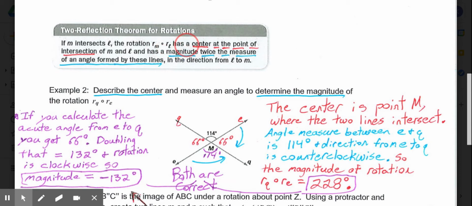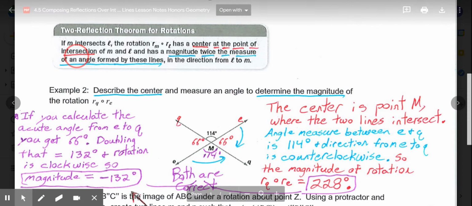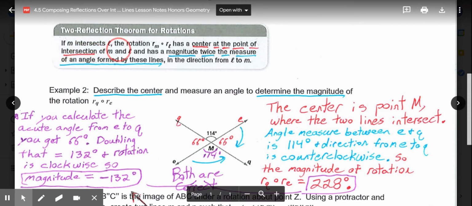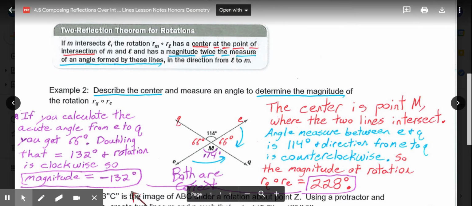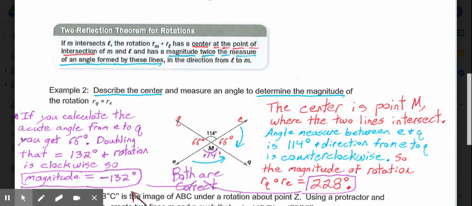That tells us it has a center at the point where lines M and L intersect, and the magnitude is always twice the measure of the angle formed by these lines in the direction from L to M. So that direction would be going from line L to line M to figure out if it's positive or negative.